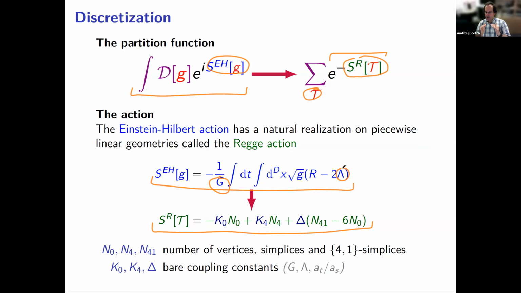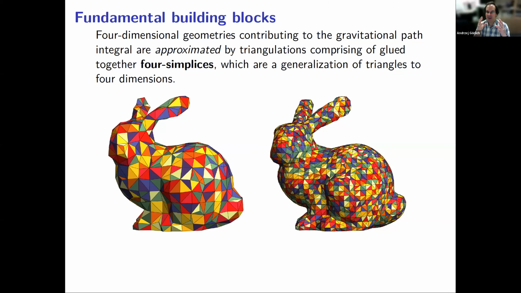Because of the foliation, we have a distinction between time-like and space-like links, and there is also a ratio, which doesn't have to be 1, between the lengths of those links. This introduces another coupling constant, which, even though it seems artificial, has an important impact on the phase diagram.